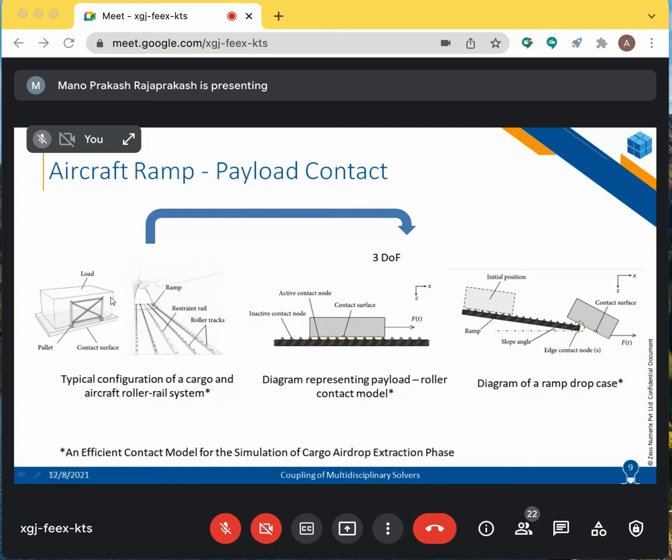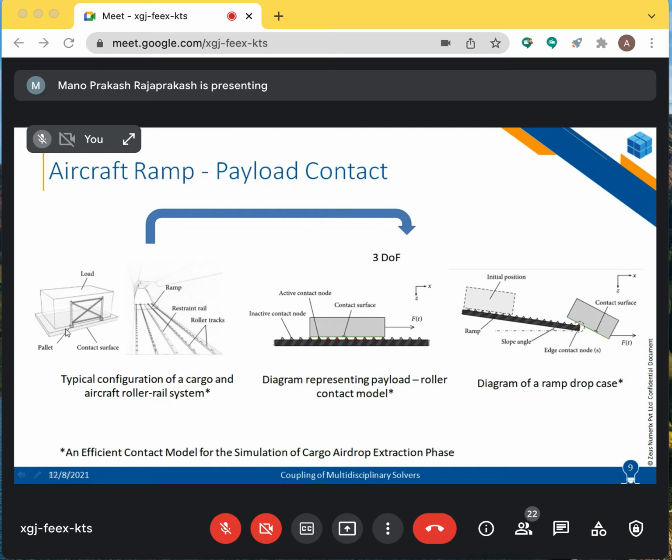There is a rectangular thin block, which is called a pallet. When we say payload, it is the pallet and the payload put together. It is called an assembly, and it is usually visualized as an assembly. The assembly usually contains three elements.